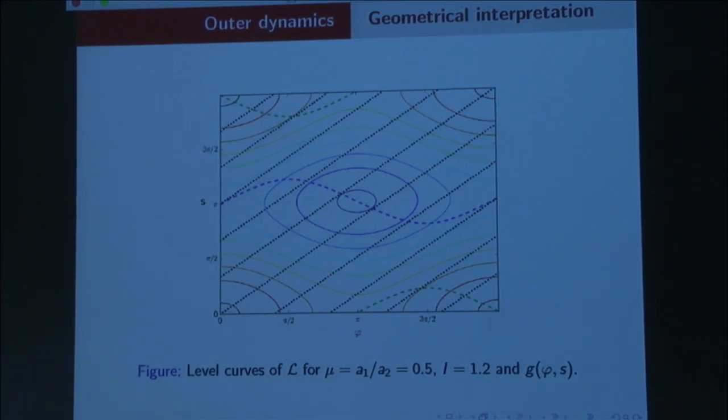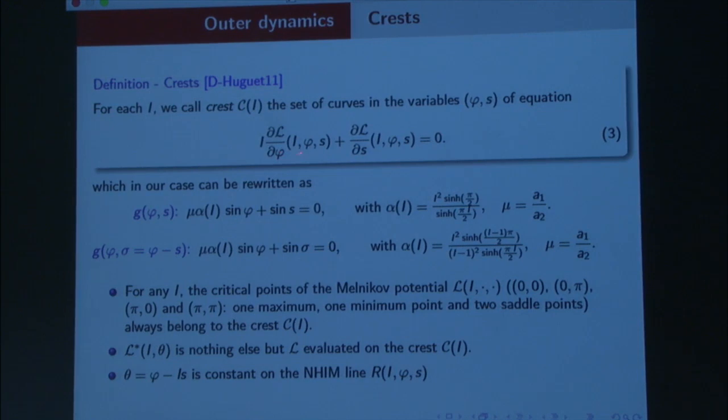So let me recall the definition of the crest. Simply, it is the curve that satisfies this equation. But these equations are very simple in our case, because I recall to you that these L's had only two harmonics, so they have this expression in the first perturbation of this other expression.